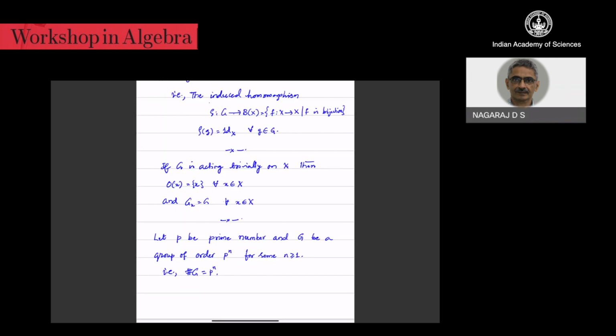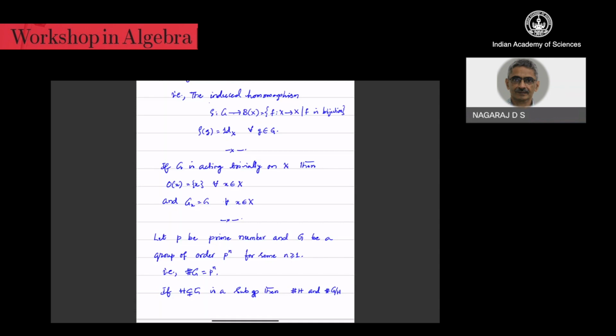Okay? So for that, note that if H contained in G is a proper subgroup, then the order of H and the order of G mod H are both... See, the order of a subgroup always divides the order of the group.